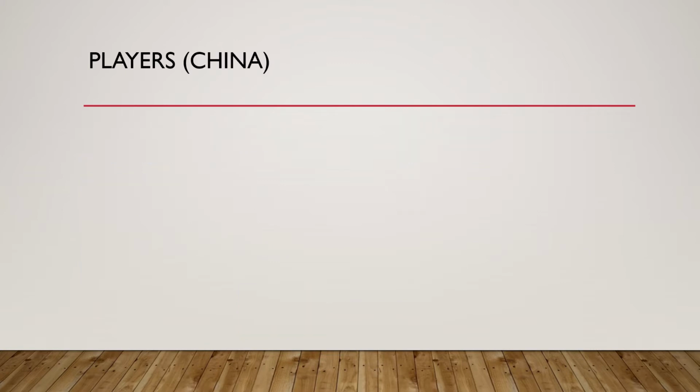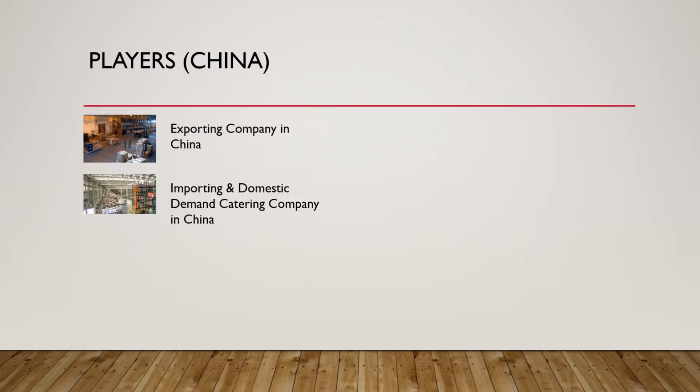Now, who are going to be the players in China? First, there will be the export companies in China who will be exporting goods and services to the US, companies who will be importing goods and services from the US, and companies producing goods in China to cater to the domestic markets in China.